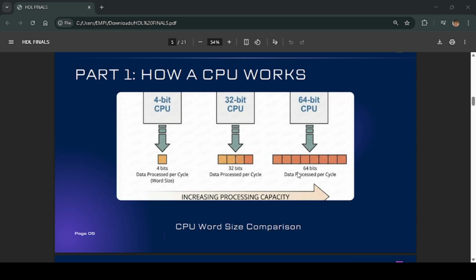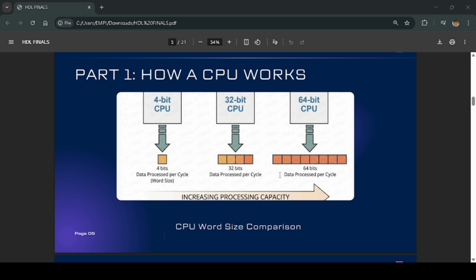For example, the Intel 4004 used a 4-bit word, while modern CPUs use 64-bit words. But the question is, why does size matter?